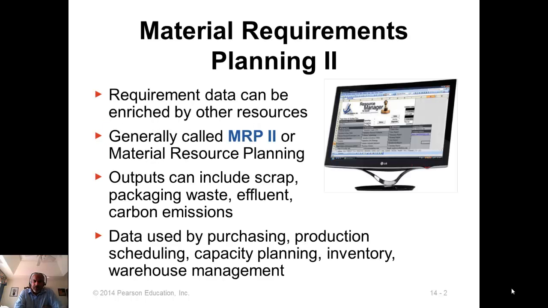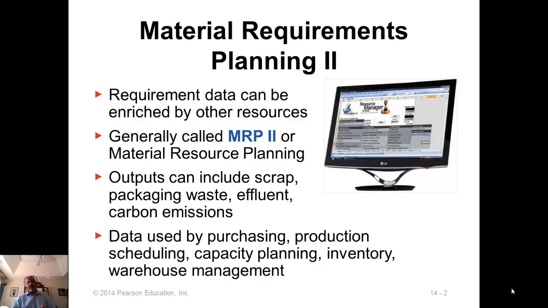Now MRP2 is an extension to the MRP that we discussed so far. The basic MRP deals only with inventories: how many units, when to make it available, what is the lead time, and that kind of stuff. But with improved computer power, more information was introduced into the MRP computation.